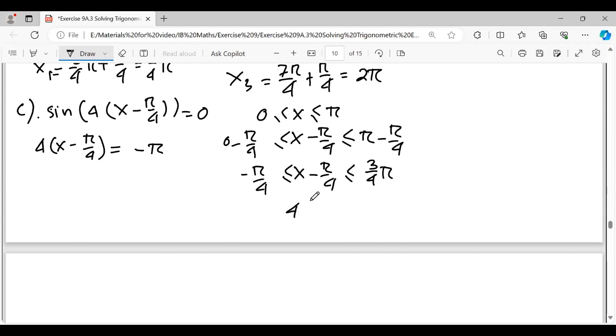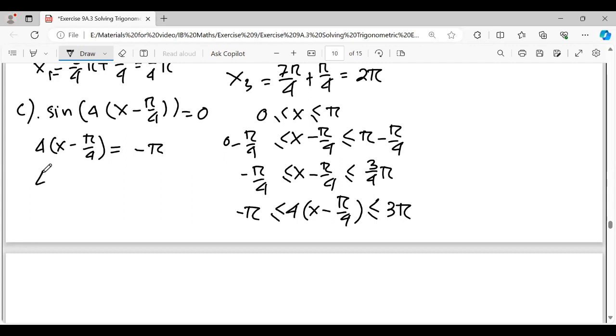And if 4 times x minus pi over 4, it becomes negative pi to 3 pi. Therefore we should read from negative pi.